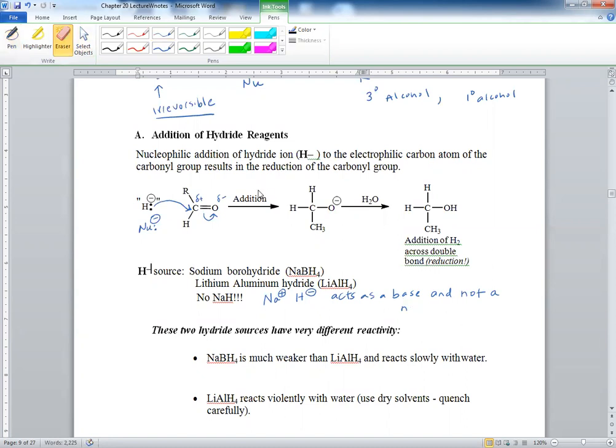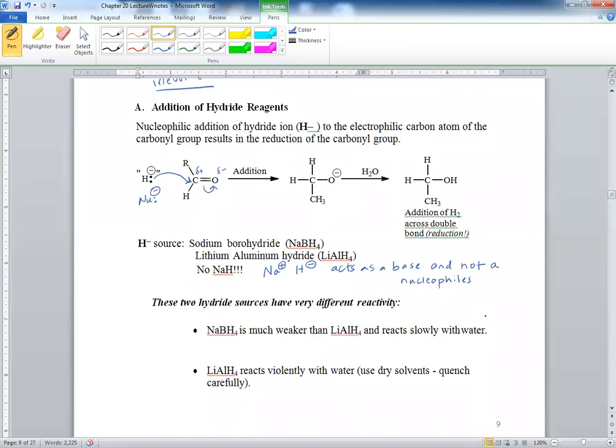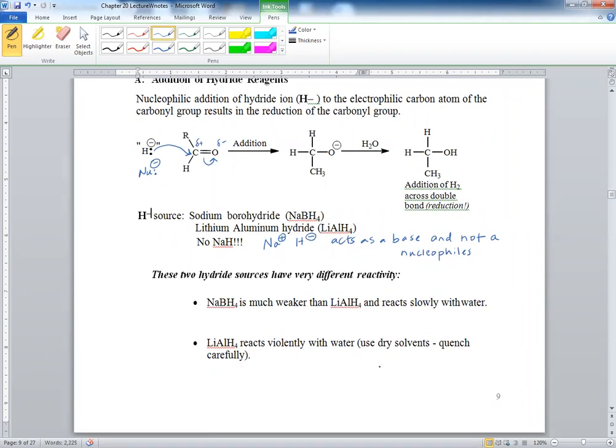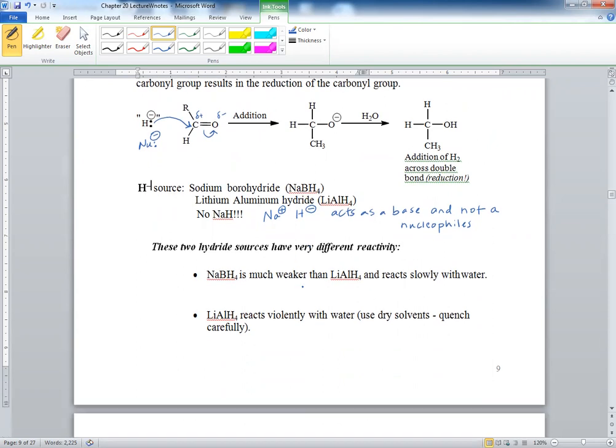Hydrides in their free form are excellent, strong bases, but they do not exist as nucleophiles. So where do they come from? They come again from sodium borohydride and lithium aluminum hydride.